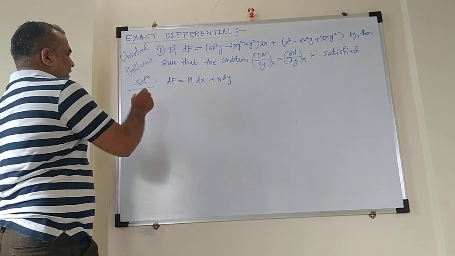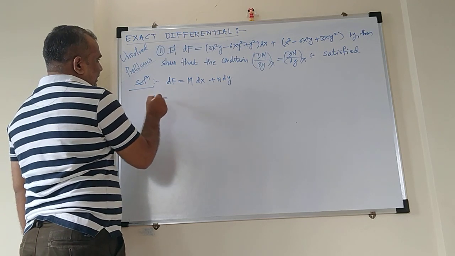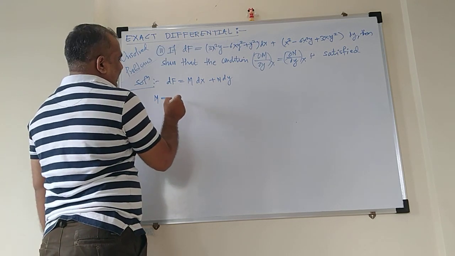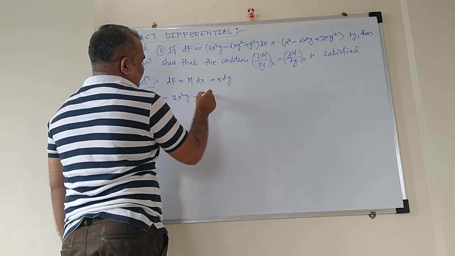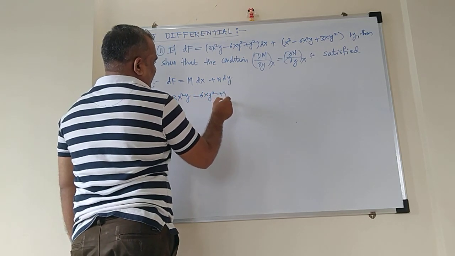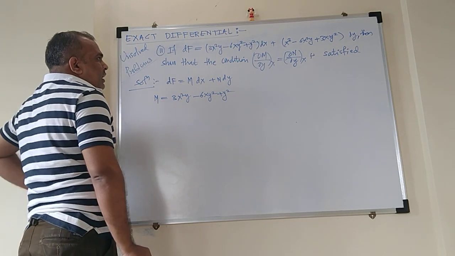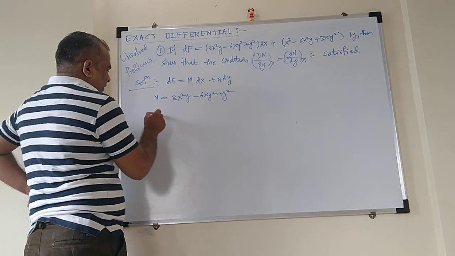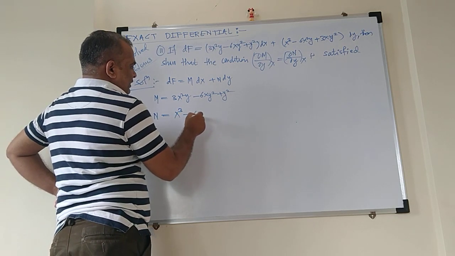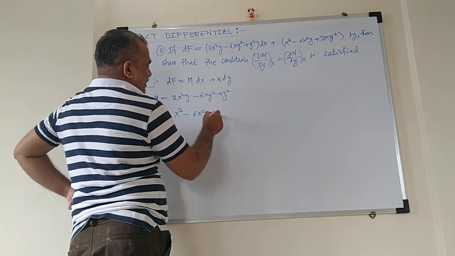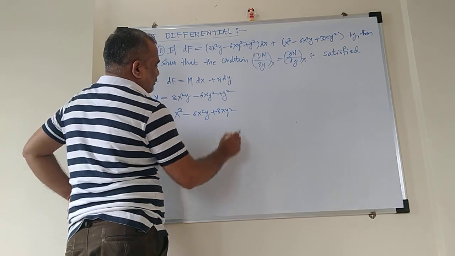Write the values of m and n. So m is equals to coefficient of dx, this is equals to 3x square y minus 6xy square plus y square, and n, the value of n is equals to x cube minus 6x square y plus 3xy square.